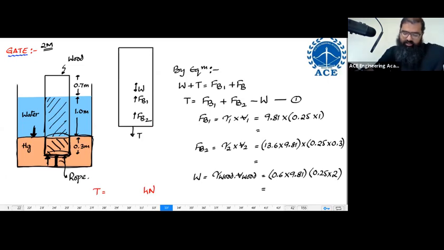Why is tension downward? Mechanics is very important. I'll tell you why tension is downward. First of all, finish this off.